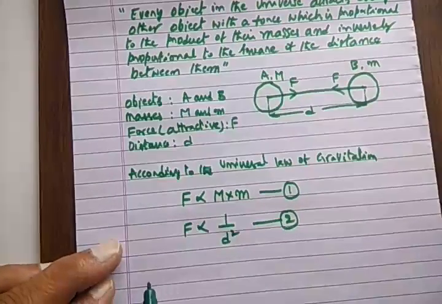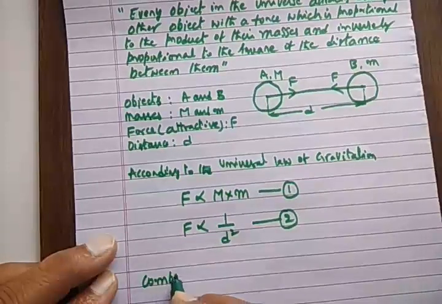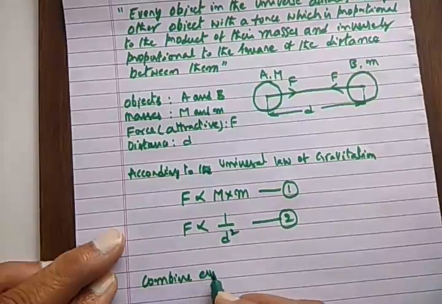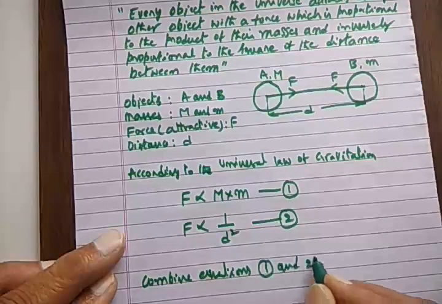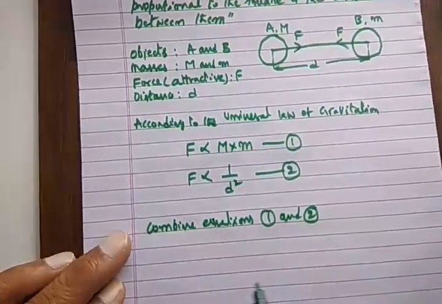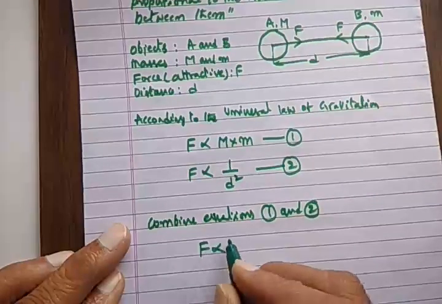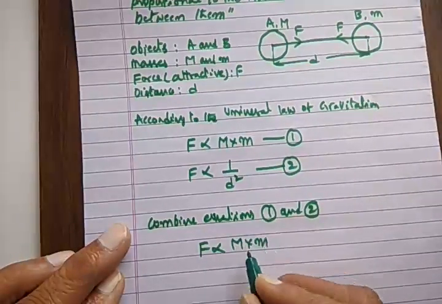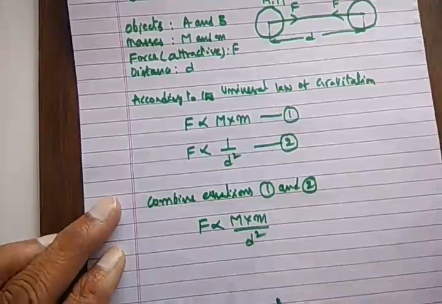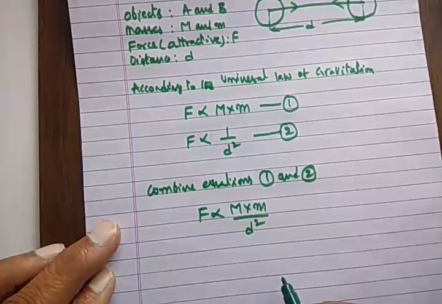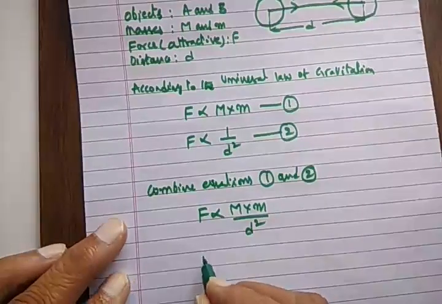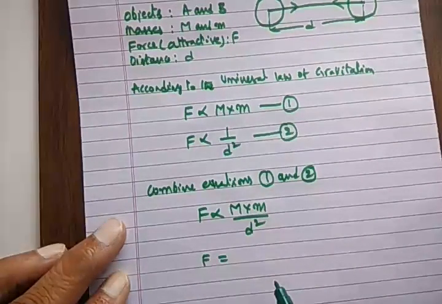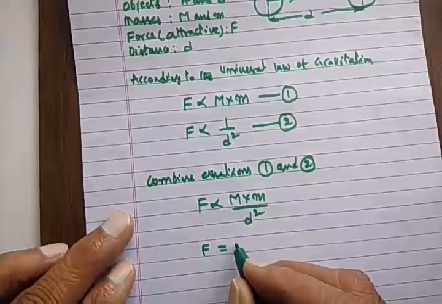Now we will combine these two equations. Combine equations 1 and 2. Then F is proportional to M into m by d square. Now the proportionality sign, we will remove it. Then we have to put a constant.